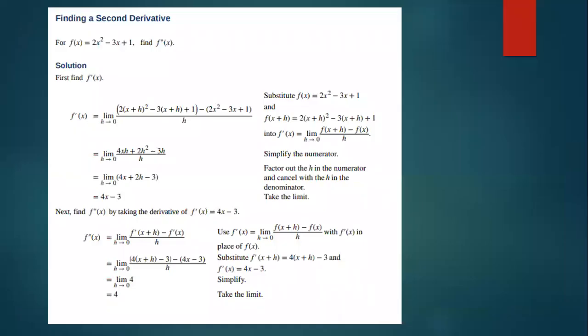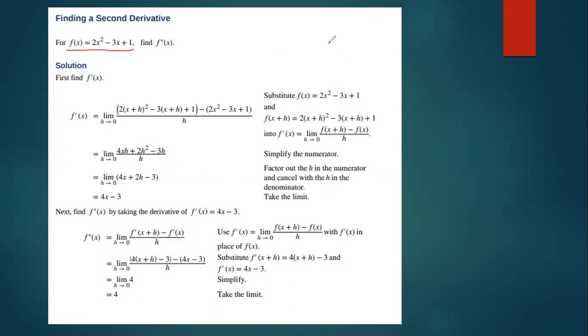Okay, so the question is: find the second derivative. How to find the second derivative? First I have to find the first derivative, then find the second derivative. My function is f of x equals 2x square minus 3x plus 1.